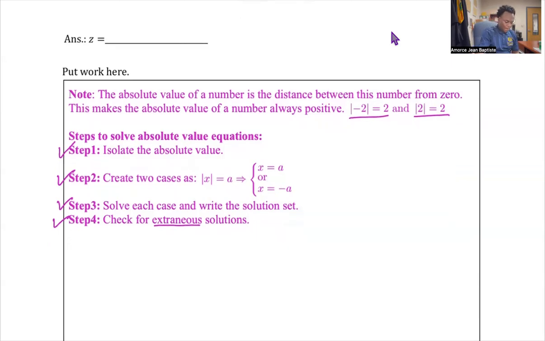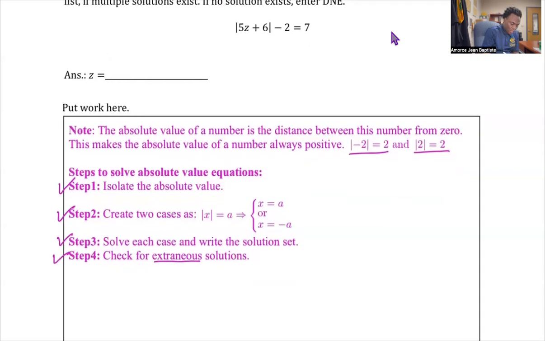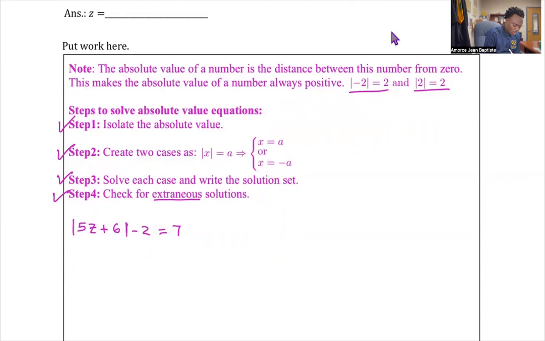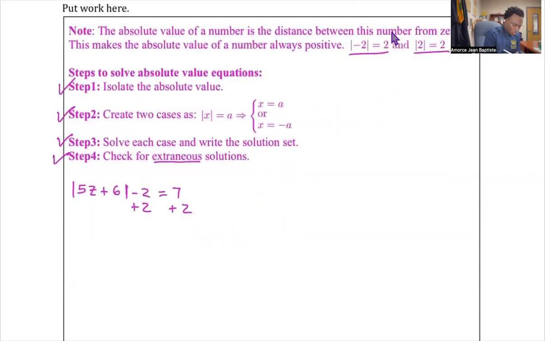Okay. And now we can start with this example, which is the absolute value of 5z plus 6, minus 2 equals 7. We isolate the absolute value, step 1, by adding 2 on both sides.